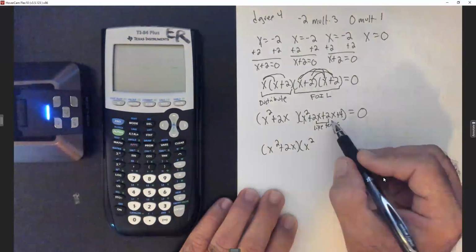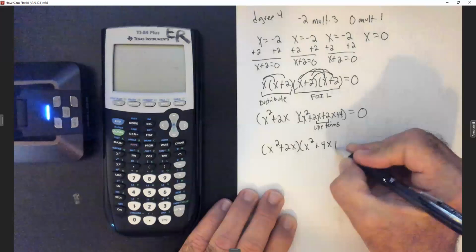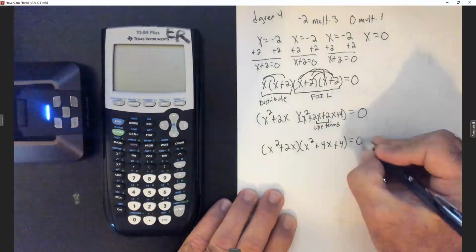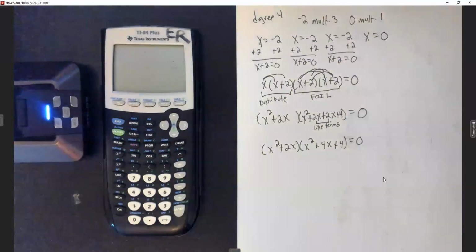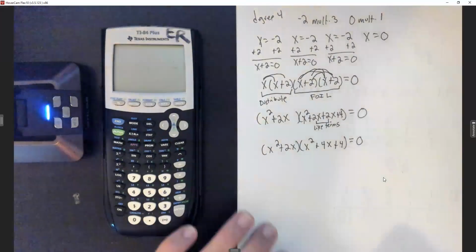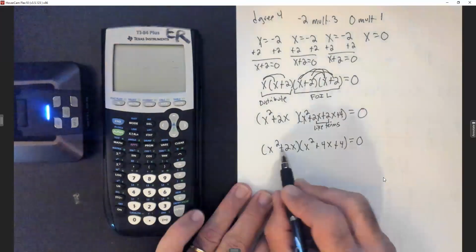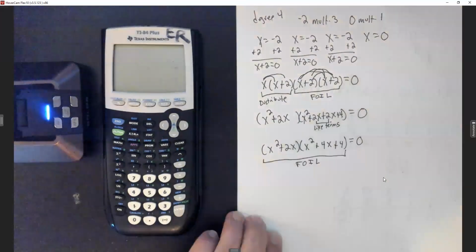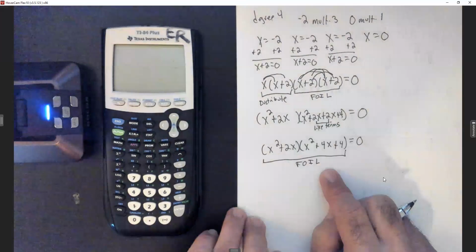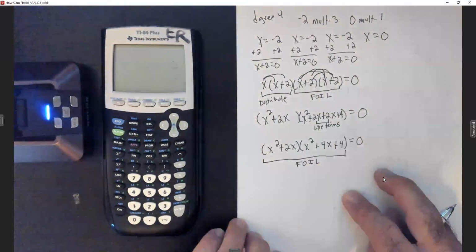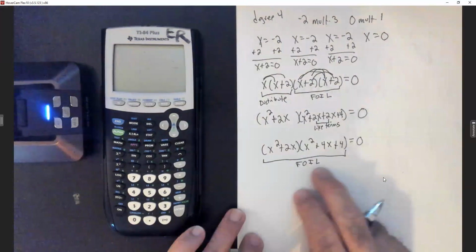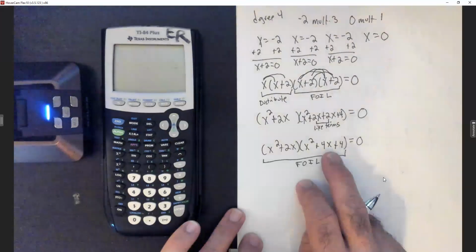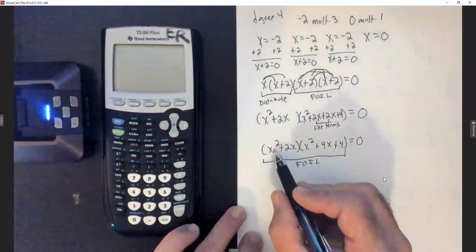Bring down your plus 4, all equal to 0. Okay, so now I've got parentheses times parentheses, so I'm going to FOIL this again. But y'all, this is a 2 by 3 FOIL, not just a 2 by 2, okay? It's like a FOIL on steroids because you got 3 things over here. So everything over here multiplies by everything over here.